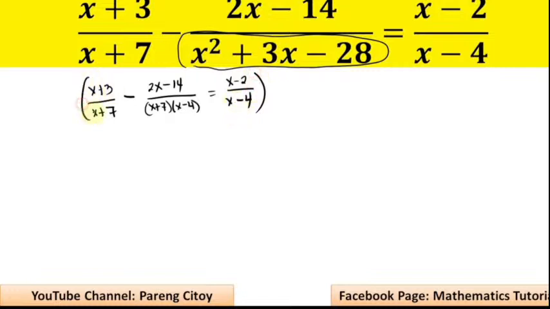Then i-divide natin yan sa LCD. So we have x plus 7 times x minus 4. Kung ano yung denominator, that is your LCD.